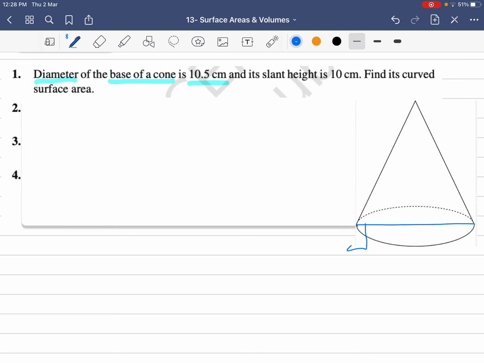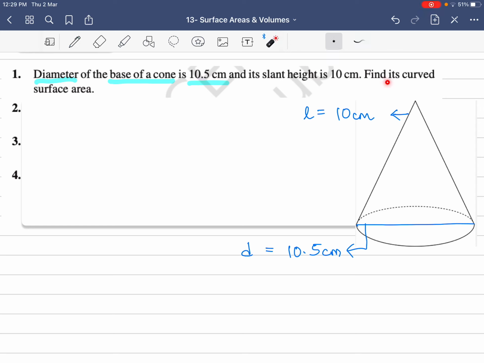So we all know this is the slant height from the vertex till the end point of the circle. So that is going to be 10 centimeter. So L is equal to 10 centimeter, and we can say this is D for diameter. D is equal to 10.5 centimeter.